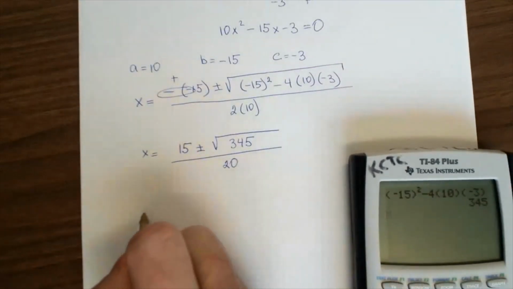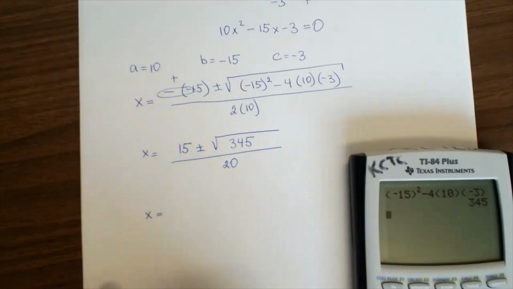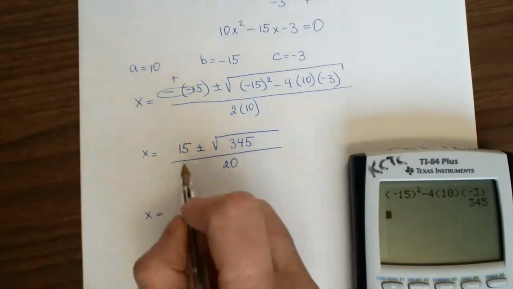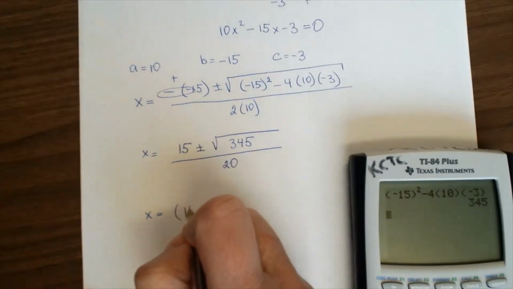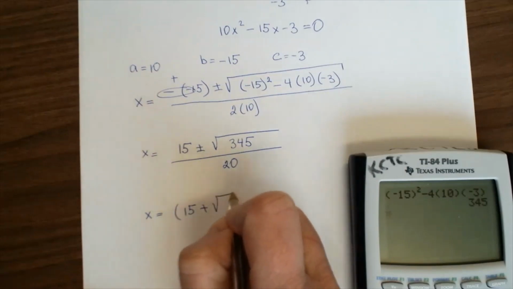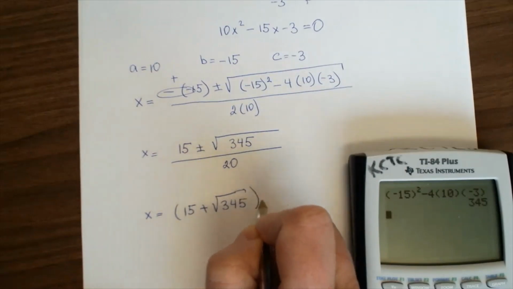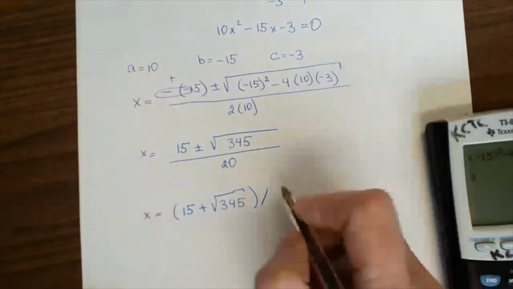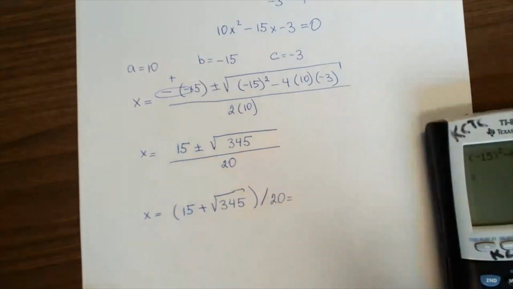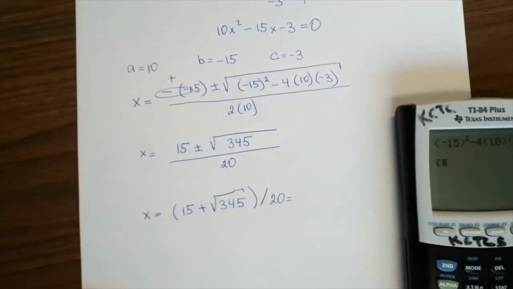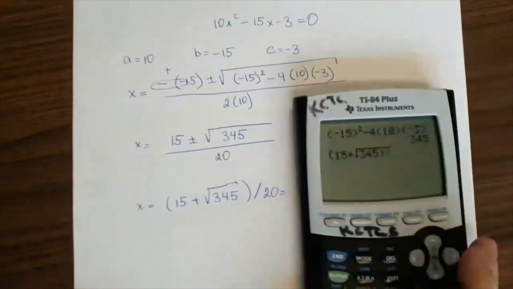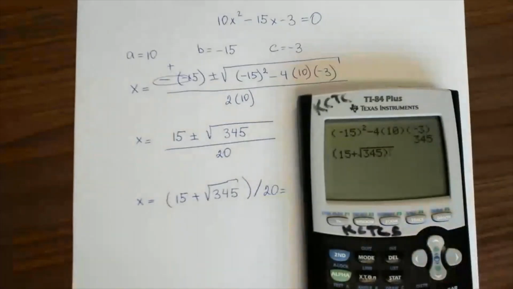Okay, so let's calculate. We have 15 plus square root of 345 divided by positive 20. And if you look at my calculator, I made a mistake.